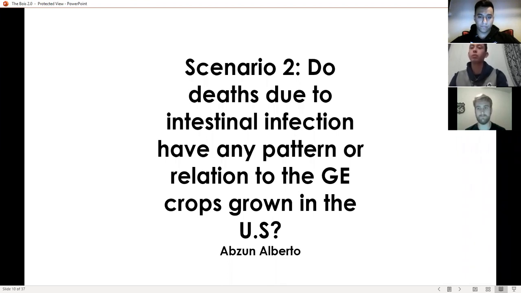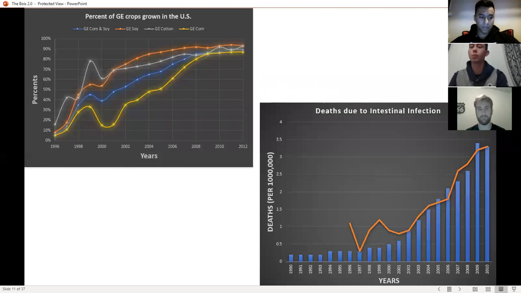Alberto, do deaths due to intestinal infection have any pattern or relation to the GE crops grown in the U.S.? Here on the left side, you can see the graph. It shows the percentage of GE crops grown in the U.S. And we are talking about GE soy, GE cotton, and GE corn.